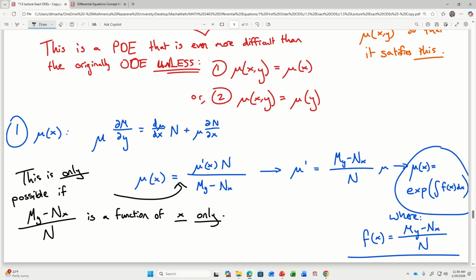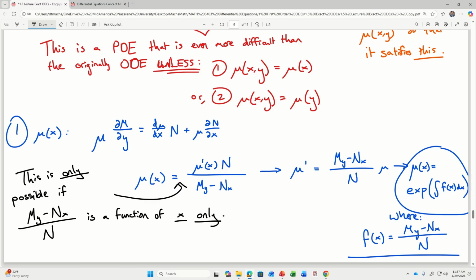In other words, if you take partial of m with respect to y minus partial of n with respect to x and divide by n, and you have y variables left hanging around, then this can't work. It's not one of those special situations where it can work. The reason being is because we said mu has to be a function of x only.